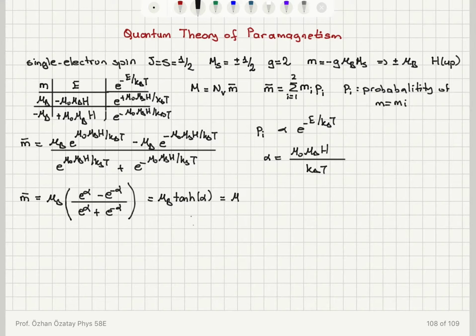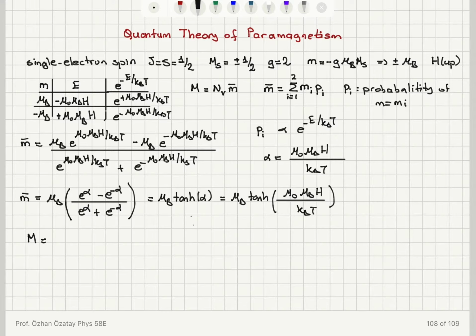So it would be mu b times hyperbolic tangent of mu0 mu b H over kBT, and therefore for the total moment, M equals the number density times the average value of the magnetic moment.